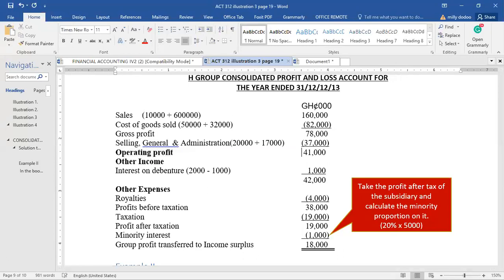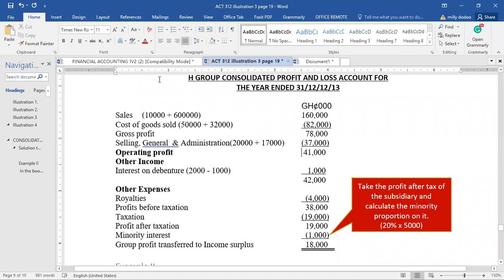If I subtract my cost of sales from the sales, I get gross profit, and I subtract my selling and distribution expenses and my general administration expenses, I get operating profit. So these two expenses, when I subtract them from my gross profit, I get what you call operating profit. Good. Then I come to other incomes, and this is where you must be vigilant.